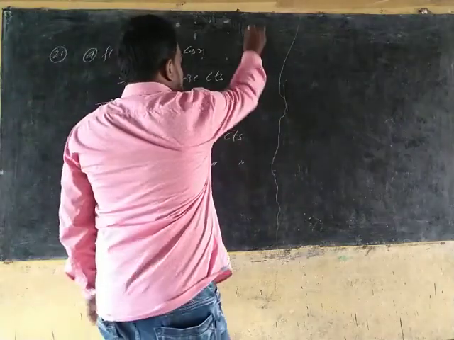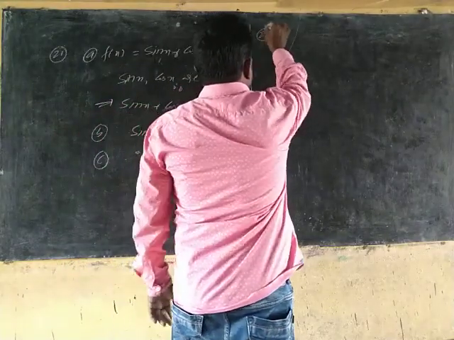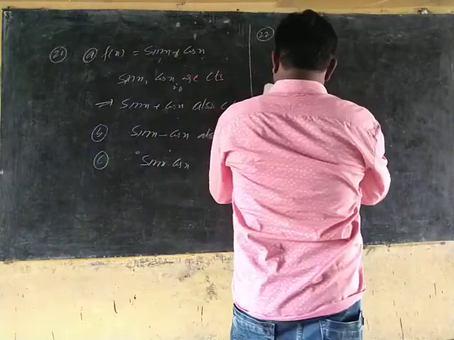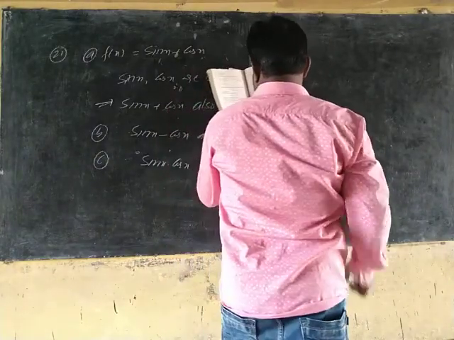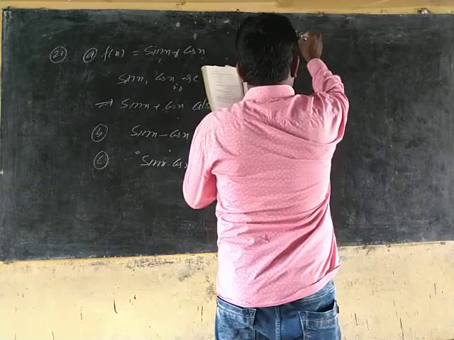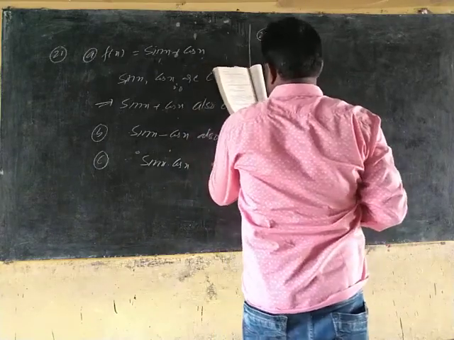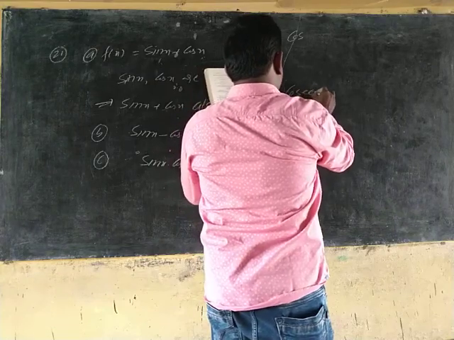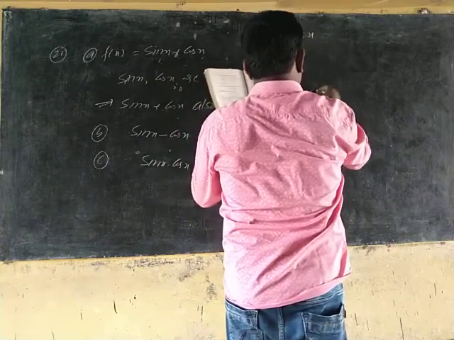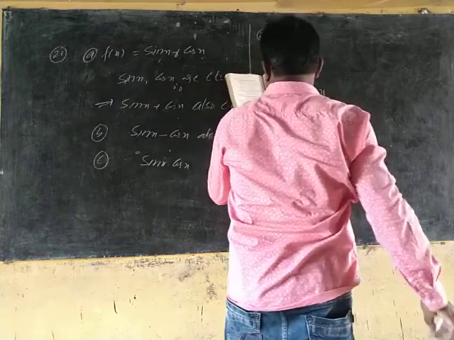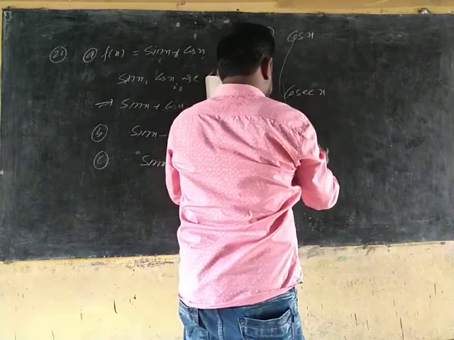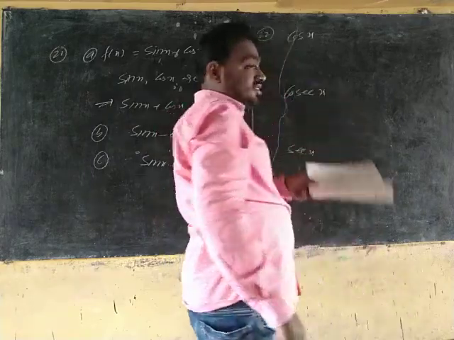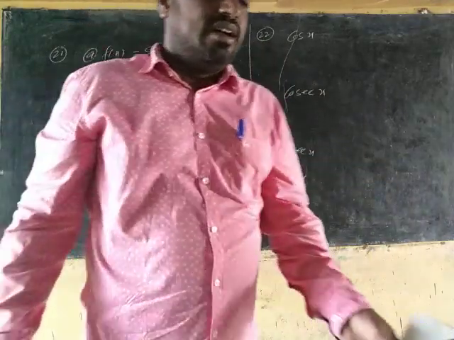Next, coming to question number 22. Discuss the continuity of cos x, cosec x, sec x, and cot x functions. Discuss the continuity of these functions.